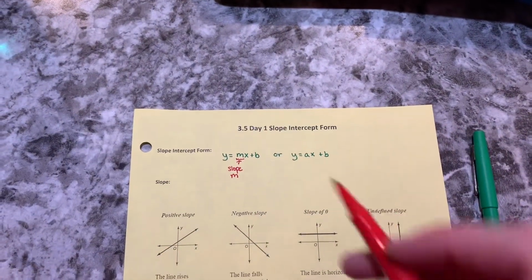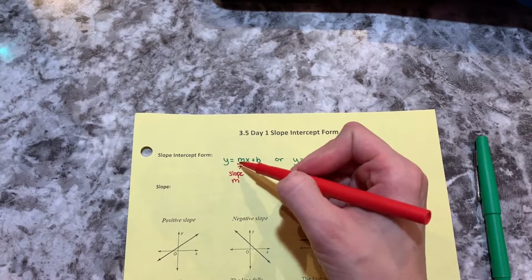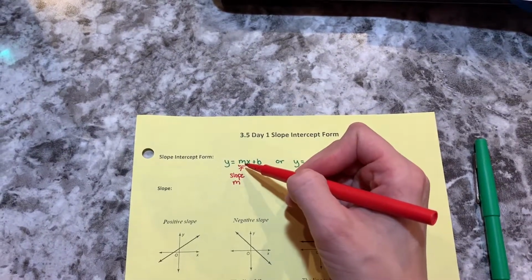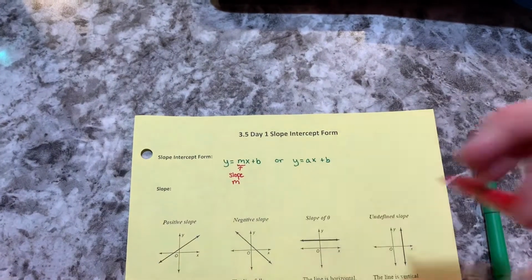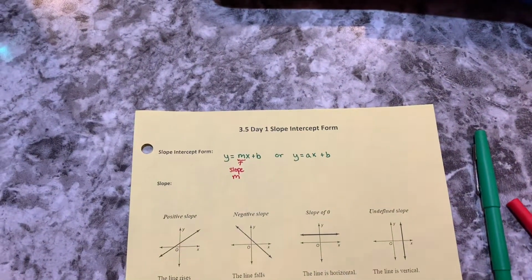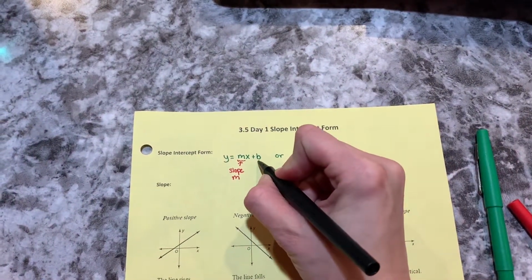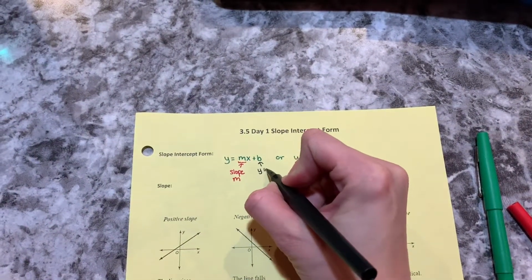Okay, and the m, the part that tells you the slope, is the part that's attached to the x. That part is really, really important as we go through. And then this b value at the end is the y-intercept.